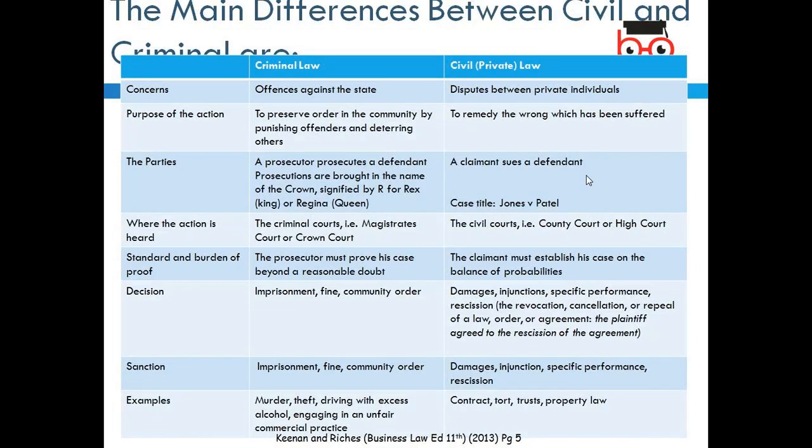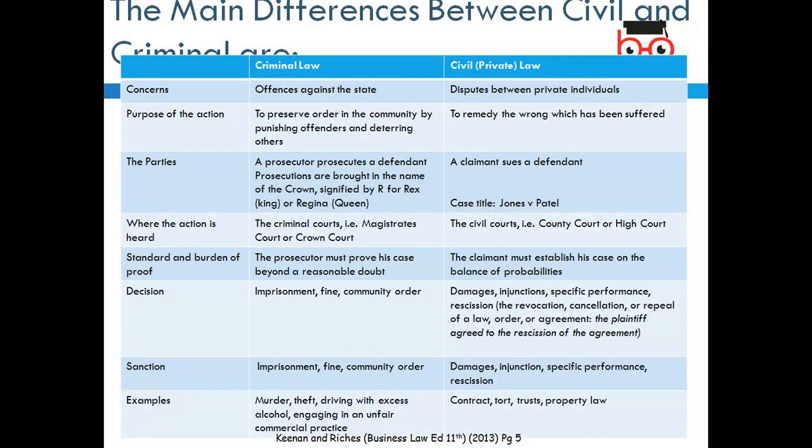What comes under the civil law? What comes under the criminal law? Criminal law concerns offenses against the state. The state sets the rules. If you do not follow them, that's the offense, and that comes under the criminal law. But disputes between organizations and individuals, or between individual and individual, come under the civil law.